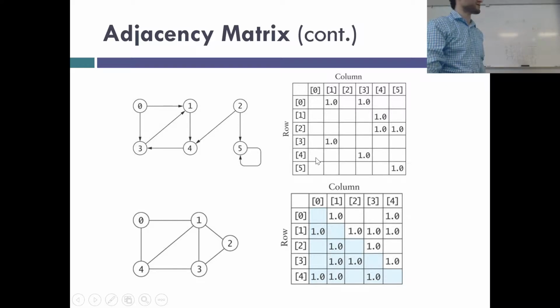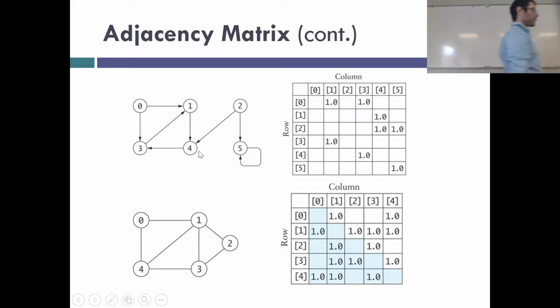So here's two adjacency matrices for two different graphs. Here in a directed graph, right, 0 to 1, 0 to 3, so we've got 0 goes to 1 with a cost of 1.0, 0 goes to 3 with a cost of 1, 1 goes to 4, and so on and so forth.